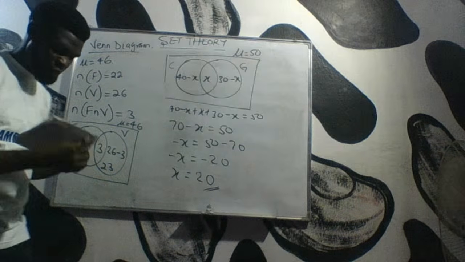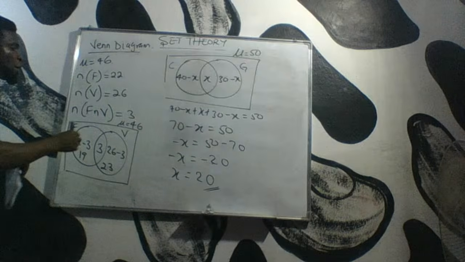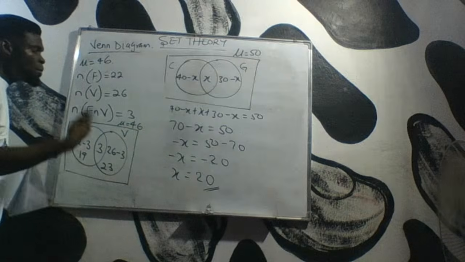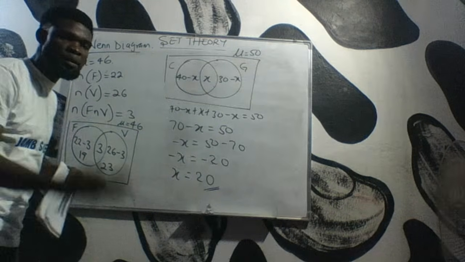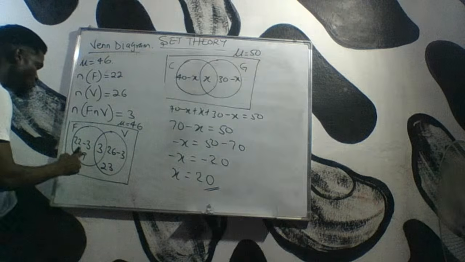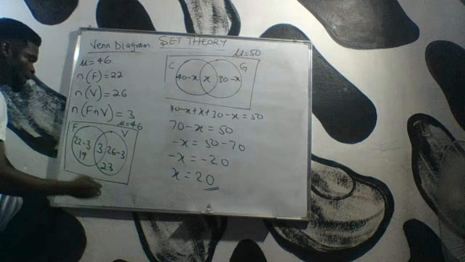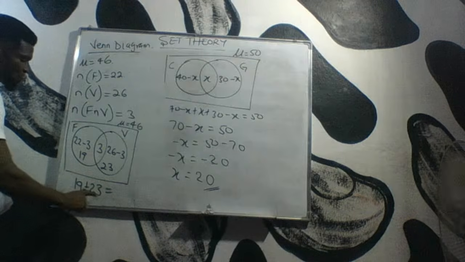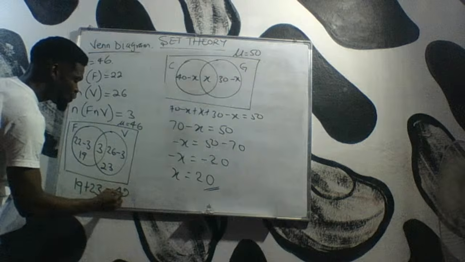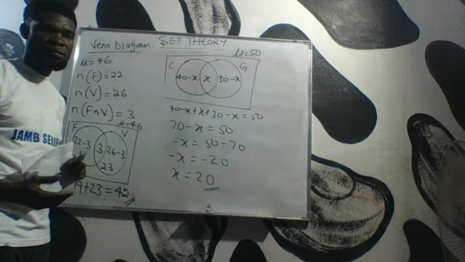Now the question is, how many play neither? You have how many students in the class? 46 students. How many students participated in the sports, both football and volleyball? Football only was 19 plus volleyball only was 23, so 19 plus 23 is 42. That means 42 students were involved in the sporting activity.